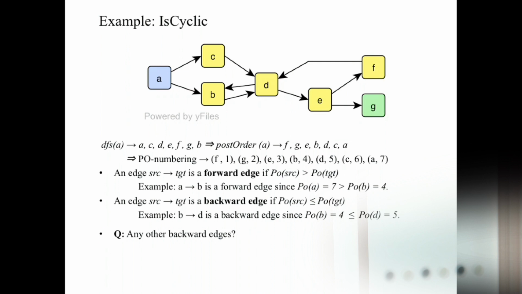And if we talk about this edge, B to D, in this case B is the source and D is the target. What is the PO number of B? The PO number of B is 4 and D is 5. So is it a forward edge or a backward edge?